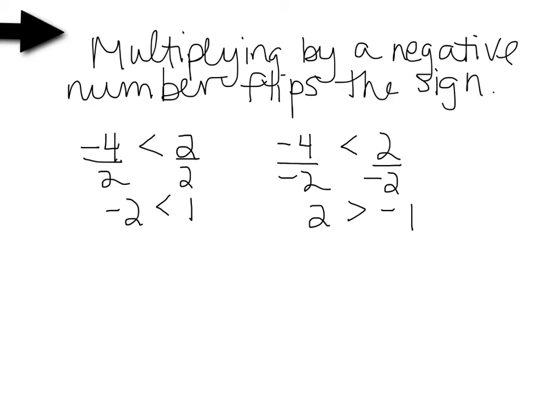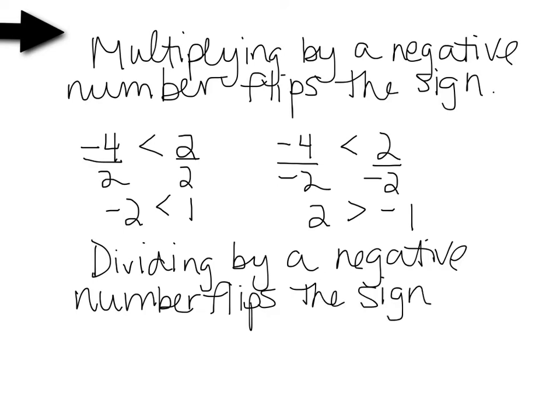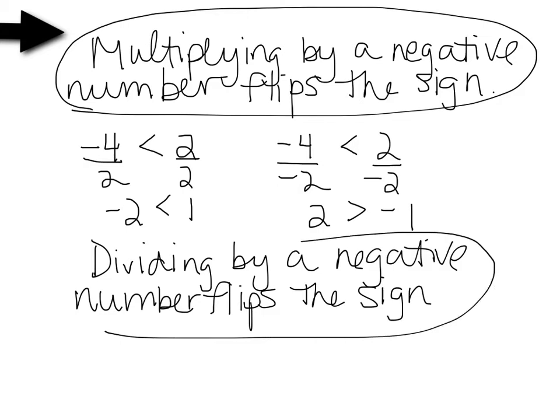So multiplying by a negative number flips the sign. Dividing by a negative number flips the sign. So in general, when solving inequalities, follow all of the steps of solving equations, except remember to pay attention to when you are multiplying or dividing by a negative number.